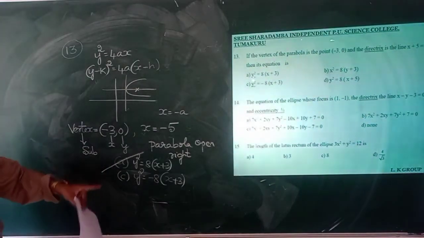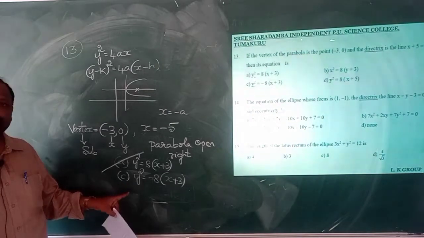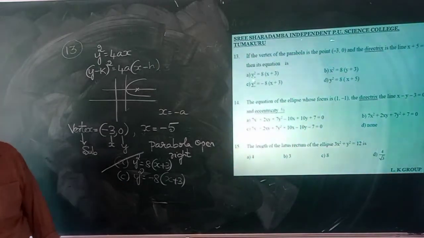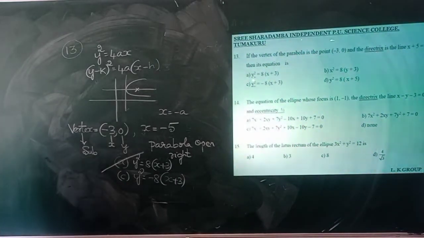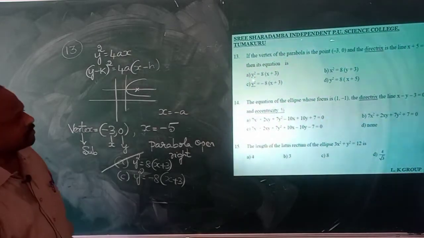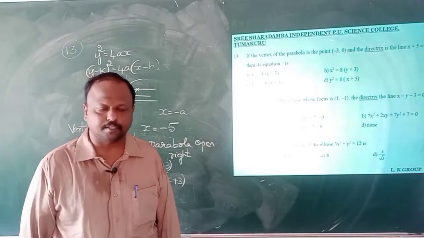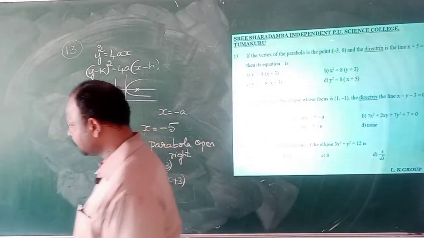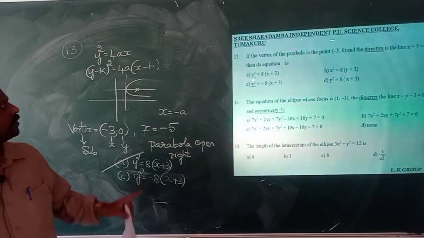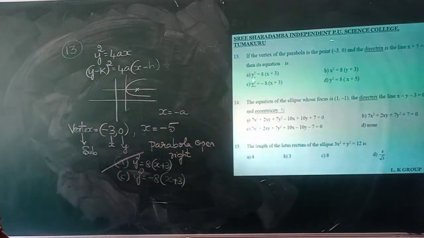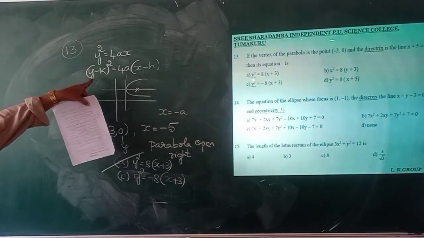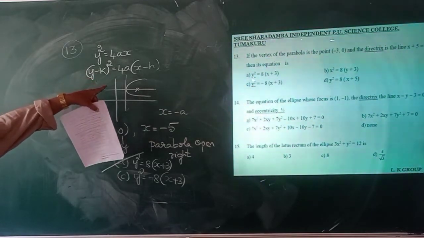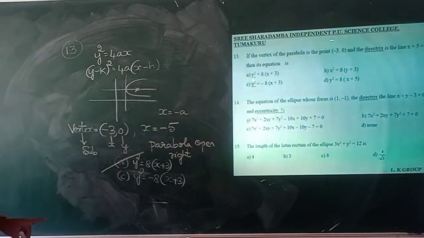If it were x is equal to plus 5, we would have to select C. Question number 13, I will repeat once again. This is a very important concept. Here the vertex is other than the origin. Whenever the vertex is other than the origin, we have to introduce h and k. Y square is equal to 4ax becomes y minus k whole square is equal to 4a into x minus h.